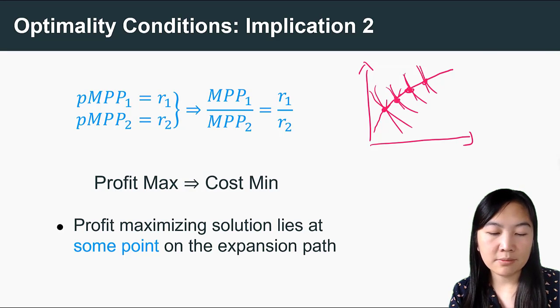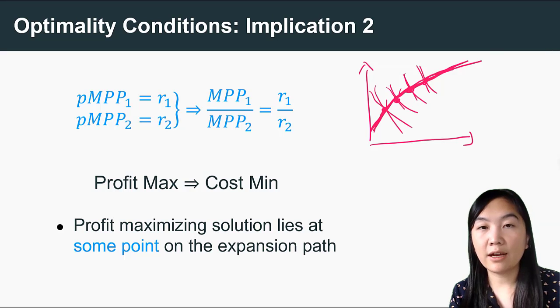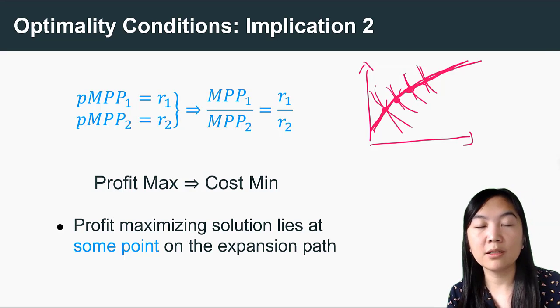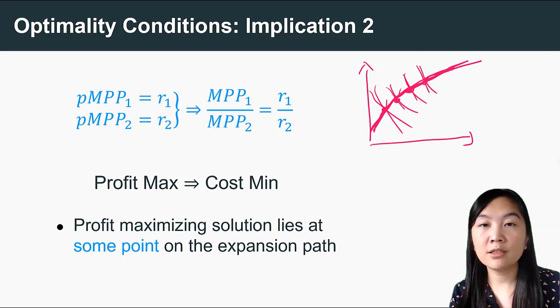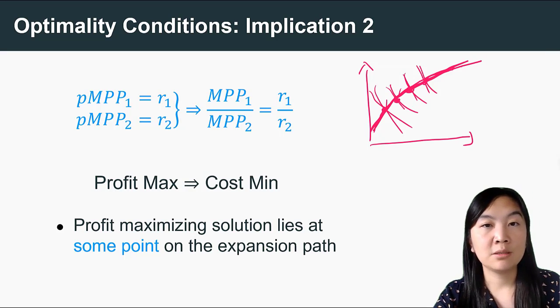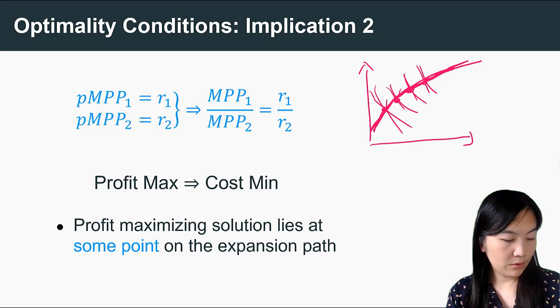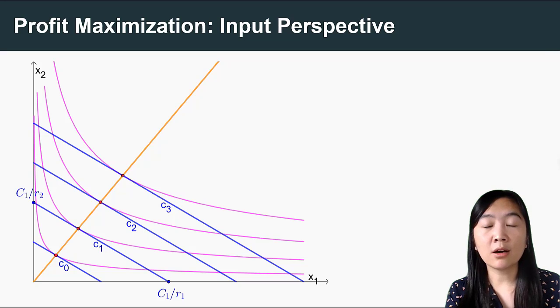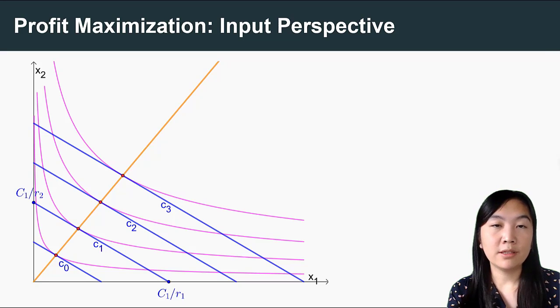For different levels of Y, you could have a lot of cost minimization points. So you actually have a cost minimization point for each level of Y. However, which level of output should be produced to maximize profit, we actually need more information. Here, I'm again using the Cobb-Douglas function for the expansion paths.